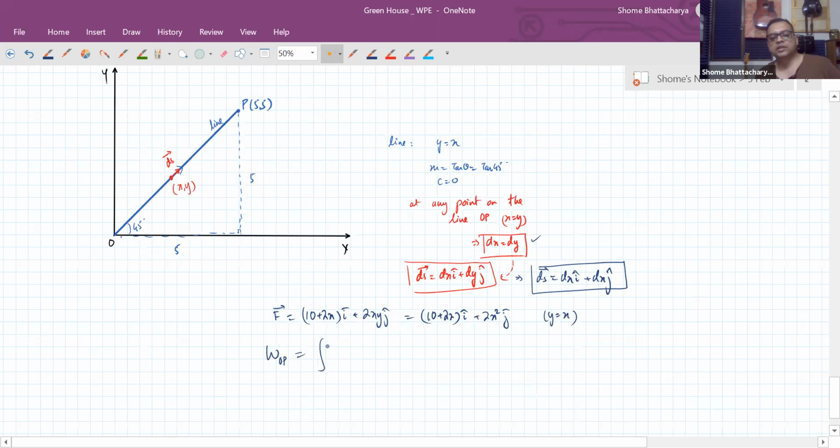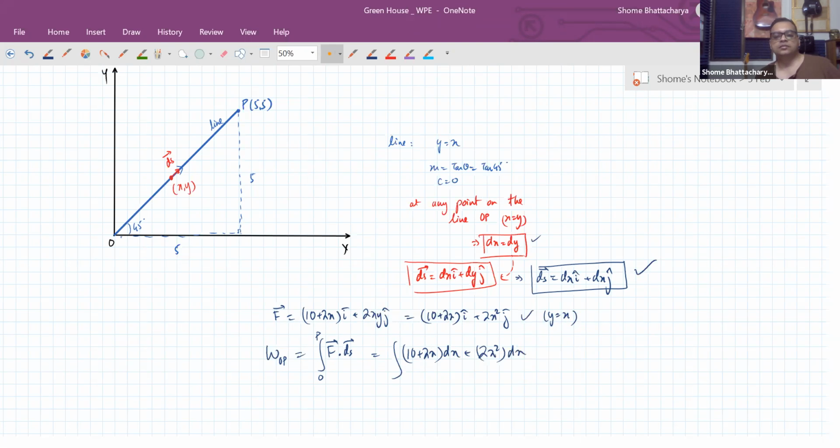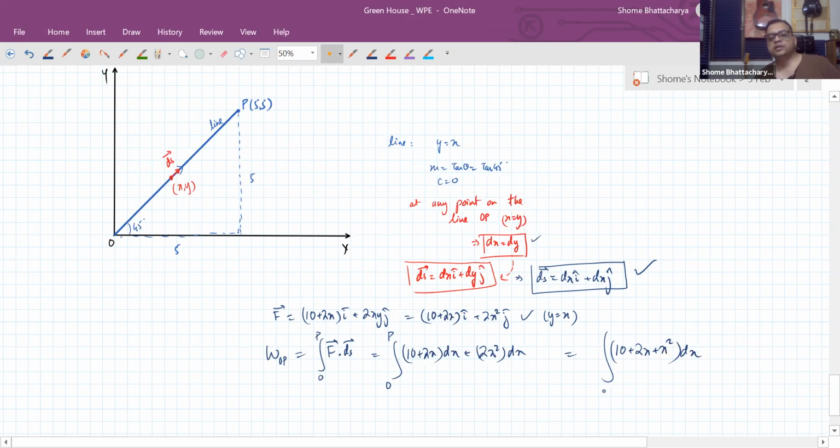you can see that our integration F dot ds from O to P will become this, 10 plus 2x dx plus 2x square dx, because we'll take the dot product of this and this, from the point O to the point P. So this will become integration of 10 plus 2x plus 2x square dx.